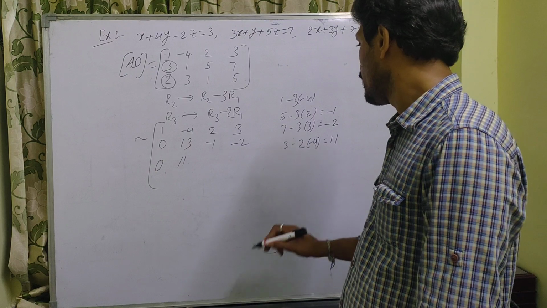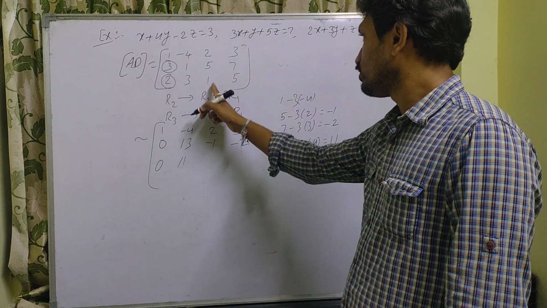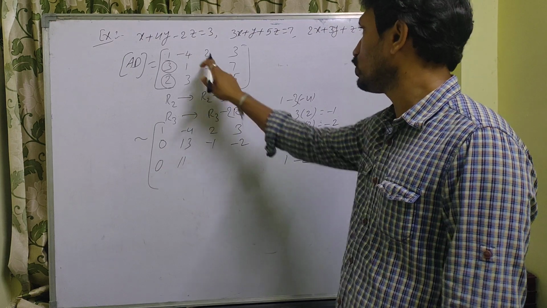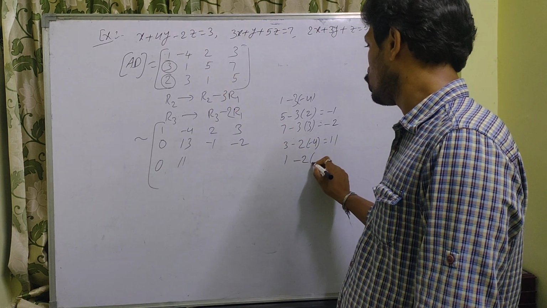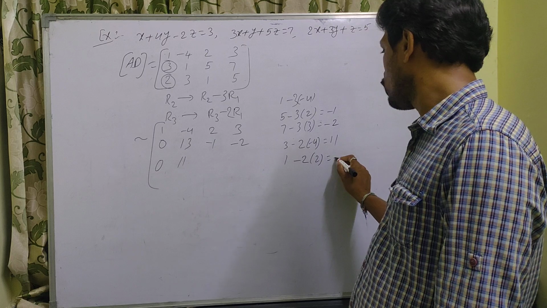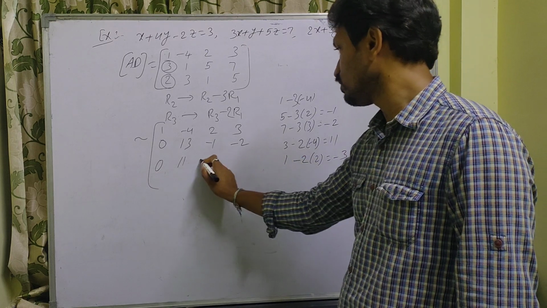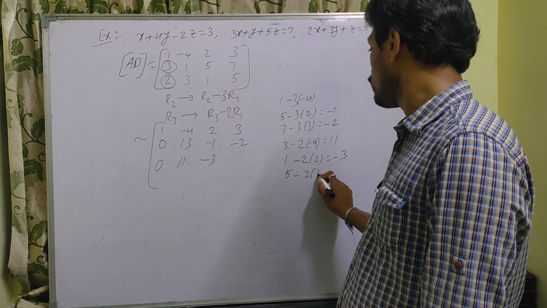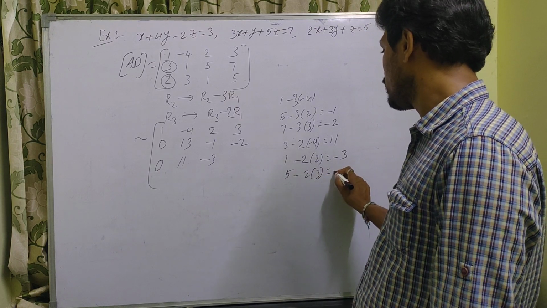Okay. Next one, R3 means 1 minus 2 into R1 means 2. So 1 minus 4, that is minus 3. Next, 5 minus 2 into 3, that is 5 minus 6, minus 1.